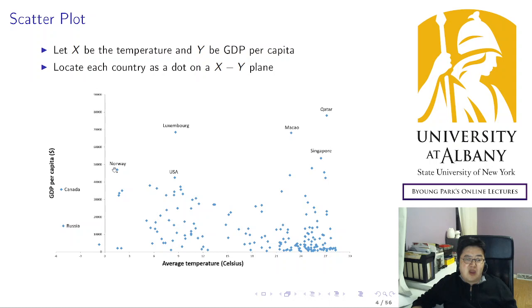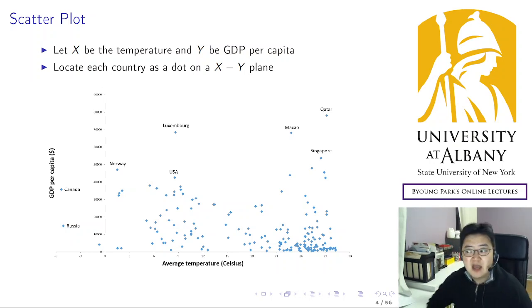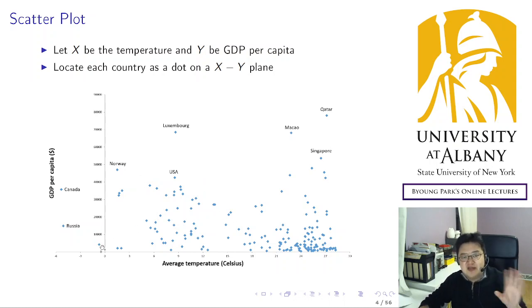And like that, Norway, USA, Singapore, Macau, Luxembourg, and all the countries are on this plane. Because the data had 183 countries, this scatter plot had 183 dots. One dot is one country, and its location is determined by its values for these two variables. From this scatter plot, it shows the relationship between those two variables, but it's unclear.